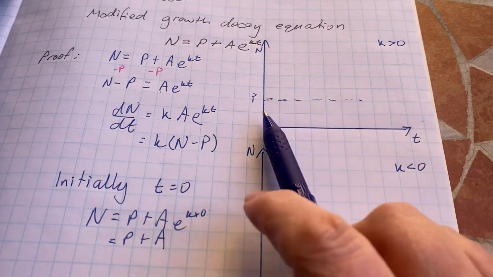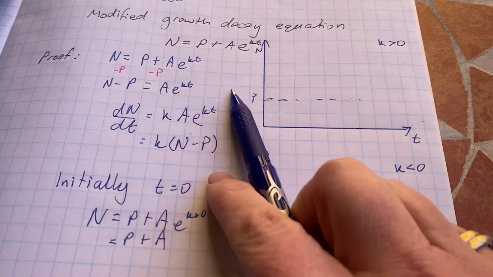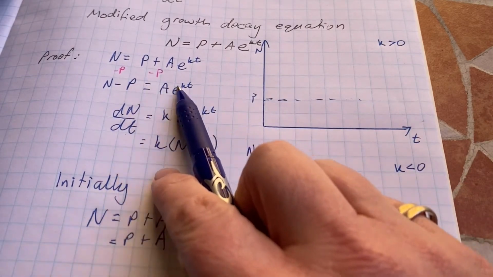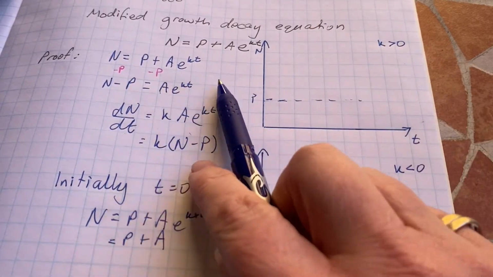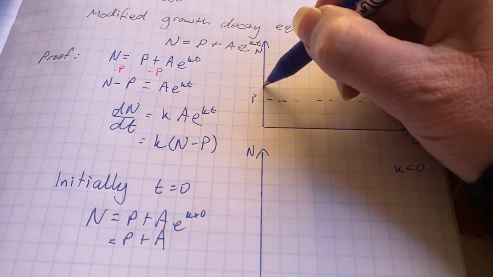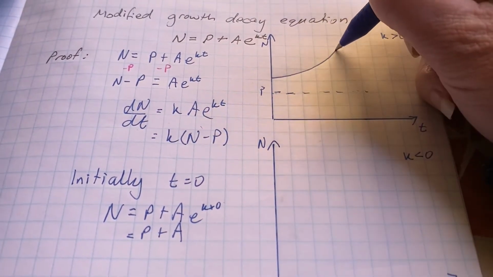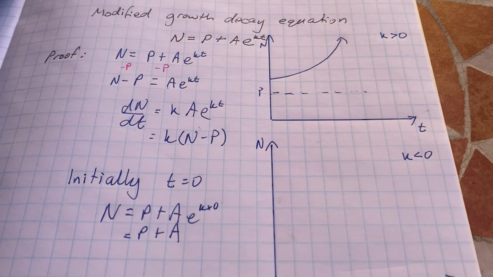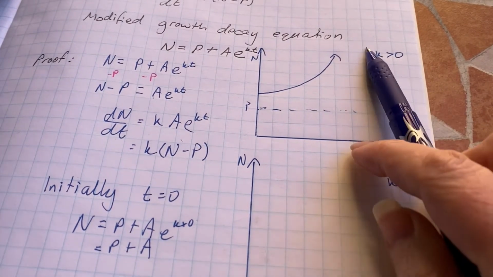Now, if you can imagine what it would be like if time was negative, we would start like that. But we don't do t negative, so we don't do this part of the graph. So somewhere up here, we're going to have a growth like that. So that's the result when k is positive.